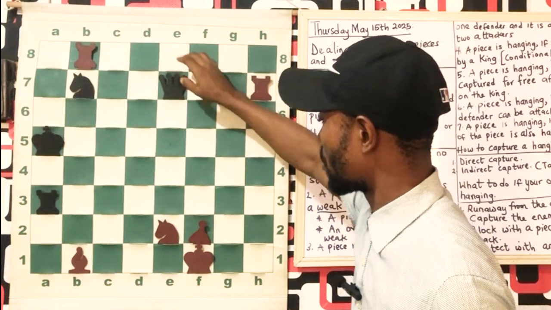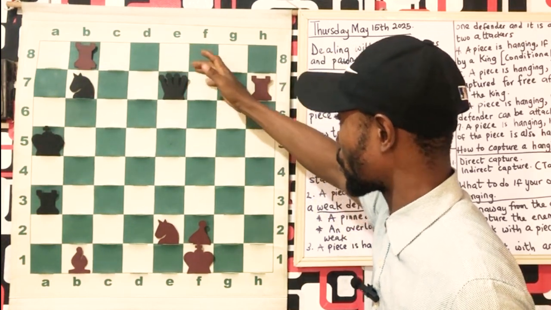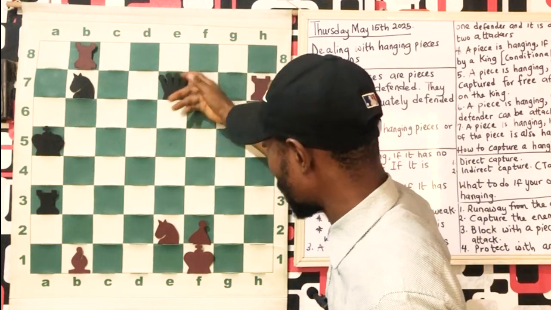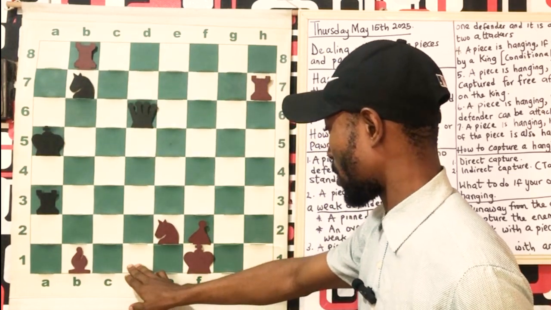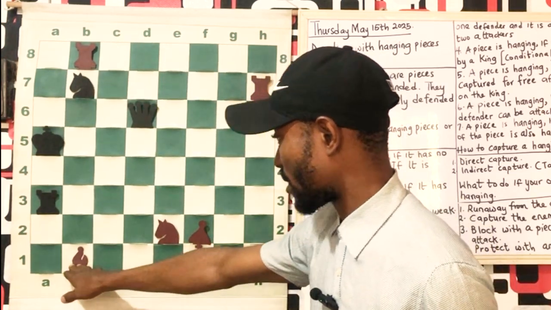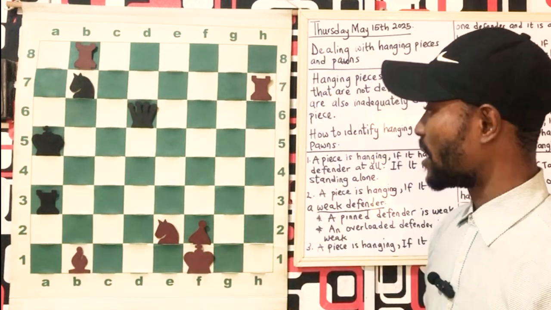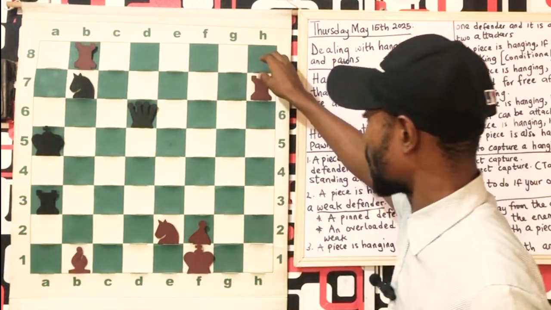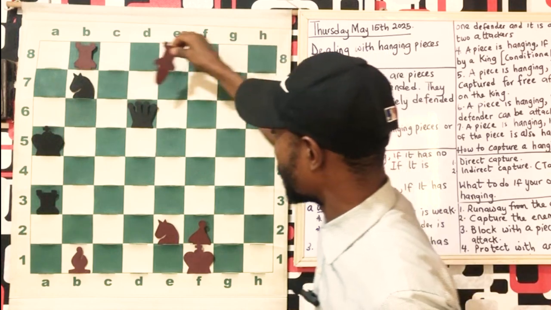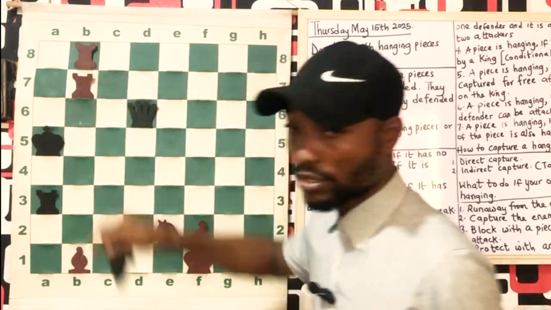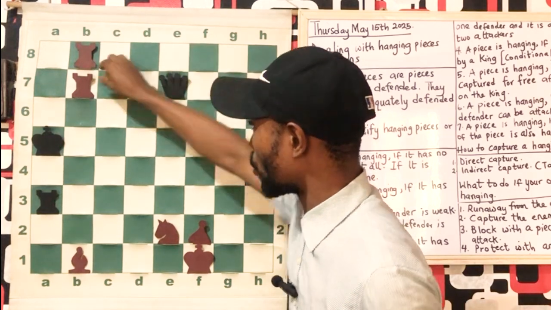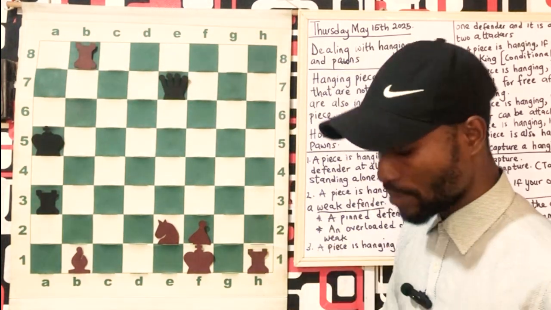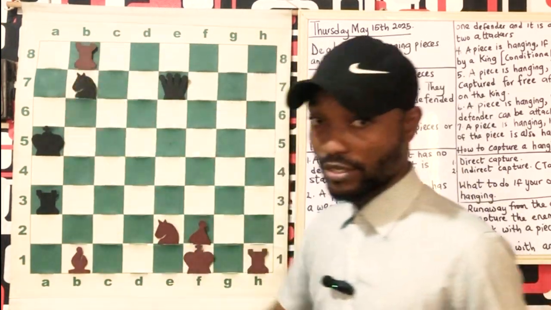The queen has to leave. So once the queen leaves, for example, the queen goes to somewhere safe. Let me pick a square, let's say here, for instance threatening some kind of check, and maybe take the bishop. It is possible to end up playing rook takes. What just happened? We noticed that the queen was doing a lot of job holding the materials together, and we took advantage of that.